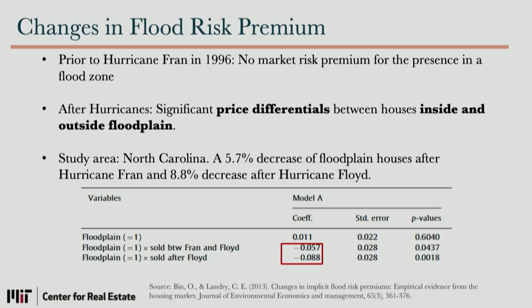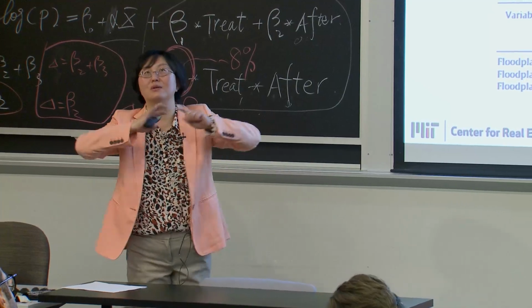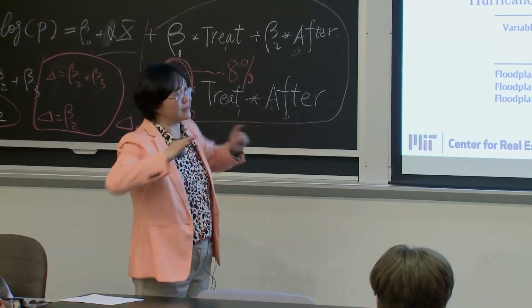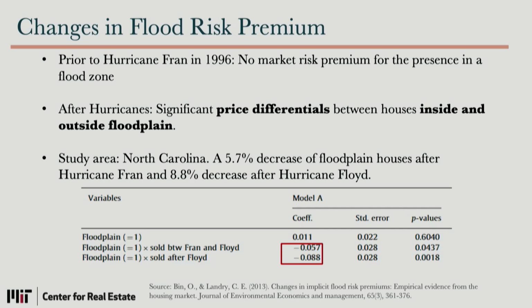And also, you see, there are other papers. This is another paper that looks at the change in the flood risk premium. And then you see this landing. At first, no price differential between a flood zone and non-flood zone. People may be deniers, I don't know, and they don't have knowledge like that. And unfortunately, this area got hit several times. At first, before, no differential.